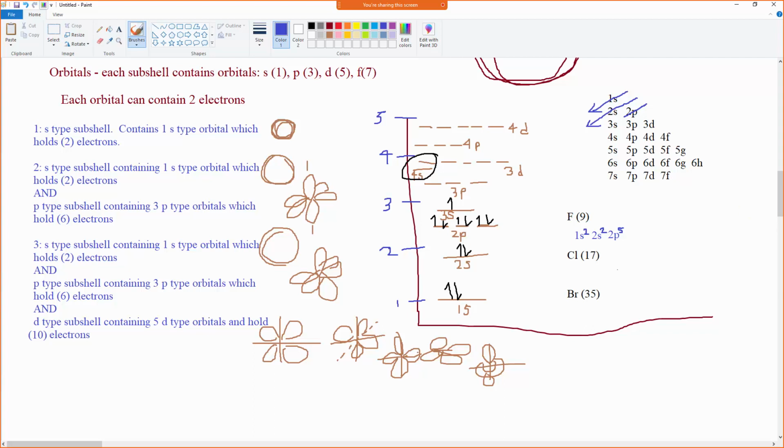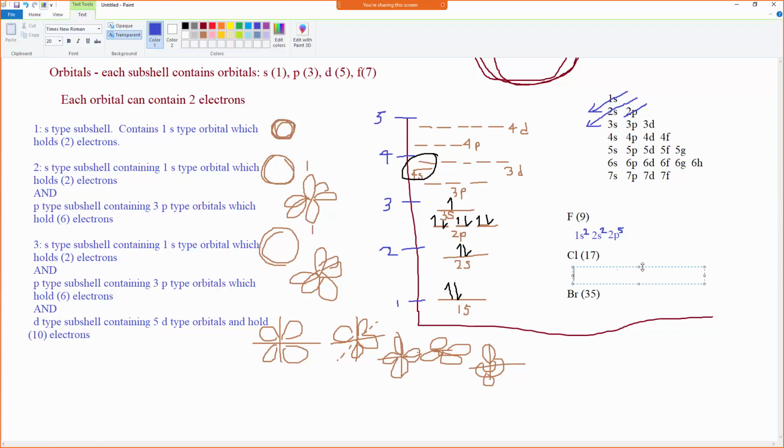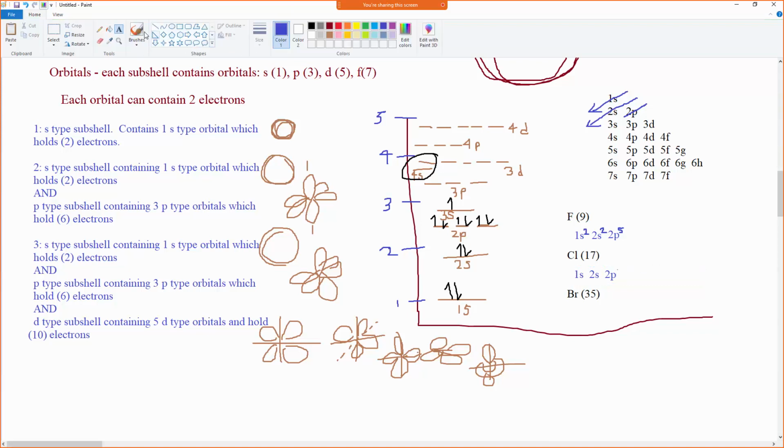All right, let's do it again for chlorine. So chlorine has 17, so it's going to start in exactly the same way because everything fills in exactly the same order here. So we've got 1s2, 2s2, 2p. We know it's going to start the same way as fluorine.